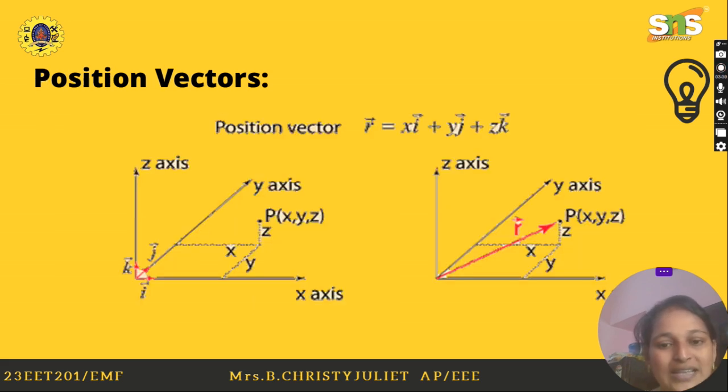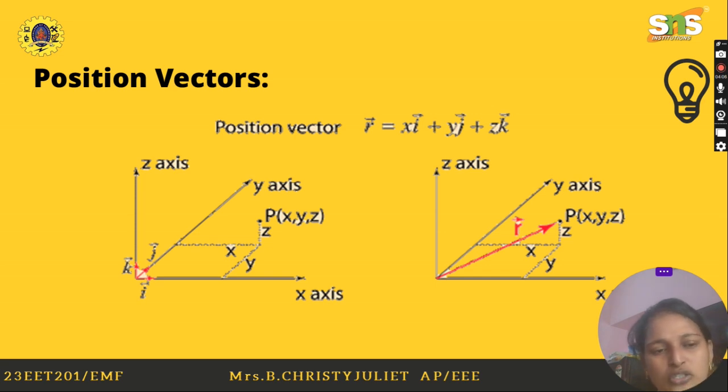Position vectors, as the name implies, give the position of a particular quantity in three-dimensional space. For example, if I want to mention the position of a desk in a classroom, it has some distance, like I can give the value in x, y and z axis.